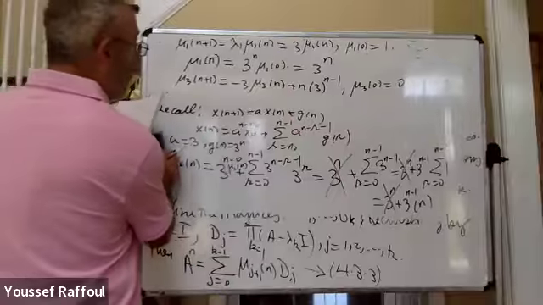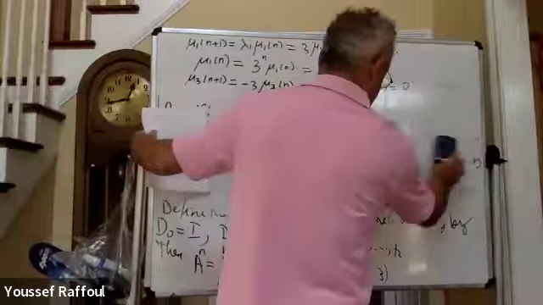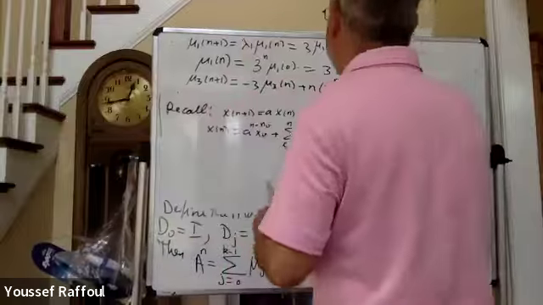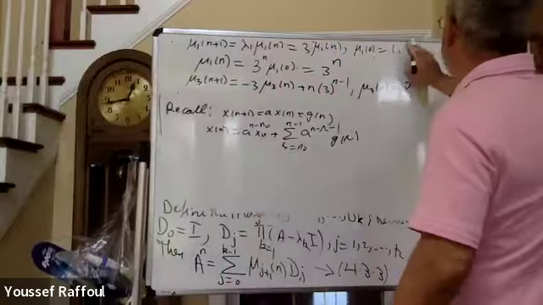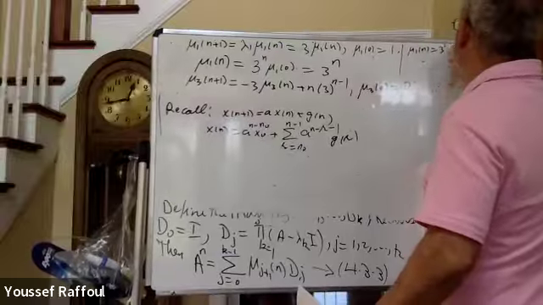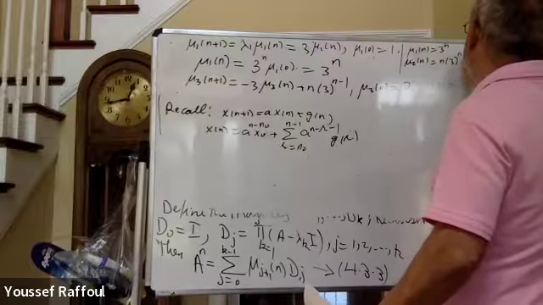So you have mu1 of n equal 3 to the power n, and mu2 of n is n times 3 to the n minus 1.